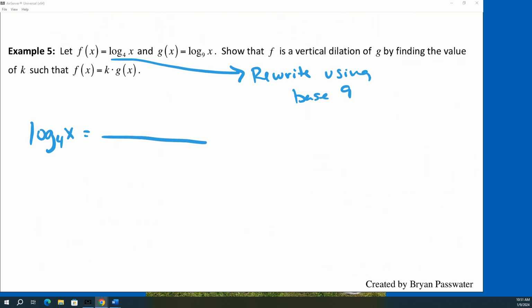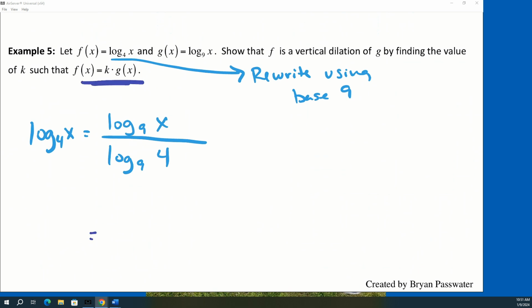So instead of doing common log or natural log, we can do any log in the world. What we want for this particular problem is log base 9. So should it be log base 9 of x in the numerator or log base 9 of 4? x in the numerator, good. Log base 9 of 4 in the denominator. All right, so f of x is log base 9 of x over log base 9 of 4.